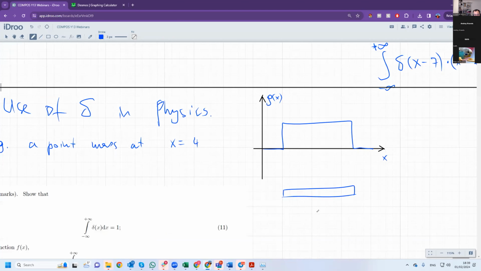But if you have a point mass at x equals 4, the density is going to be 0, 0, 0, and suddenly up, and the density could be written as the mass multiplied by delta of x minus 4. So this is a very useful way of dealing with point objects in physics.